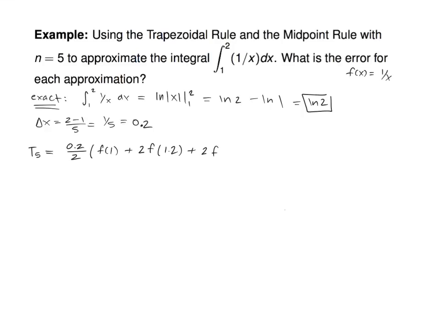Next, you'll plug in 1.4, 1.6, 1.8, and then when you plug in 2, as in your right endpoint, does that have a 2 in front of it? No, it's just f of 2.